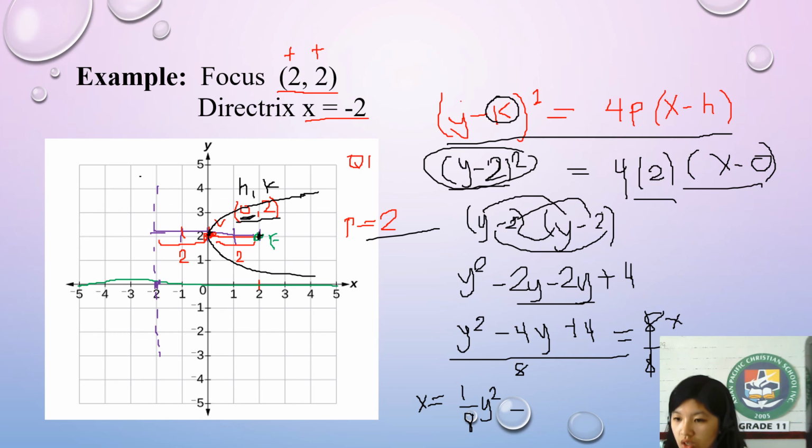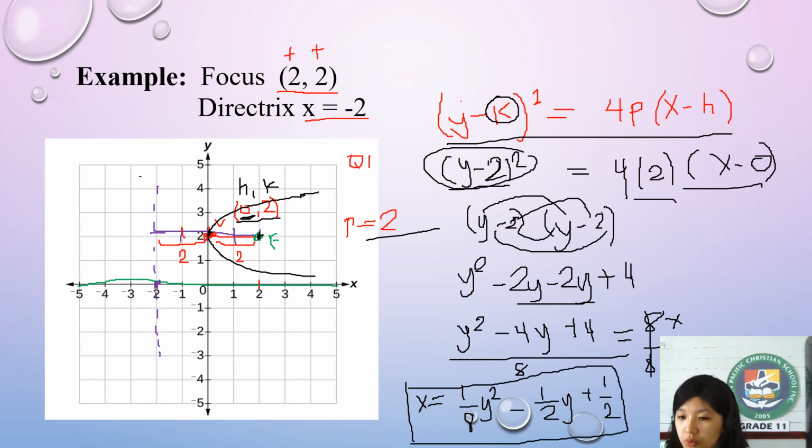So, merong number na pwedeng divide sa kanilang dalawa, which is 4. So, 4 divided by 4 will be 1, and 8 divided by 4 will be 2. Then, copy y. Plus, 4 over 8 ulit. So, divide both by 4, we have 1 half. Meron na tayong standard form, which is this.